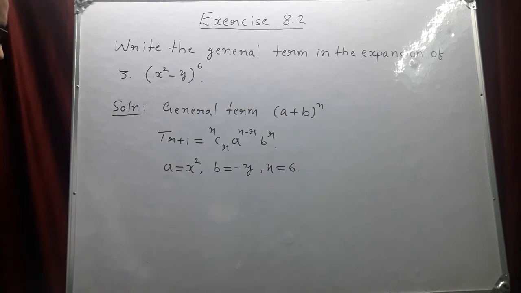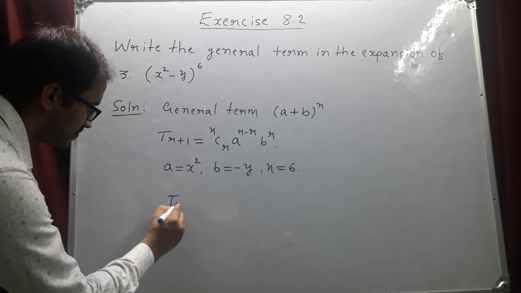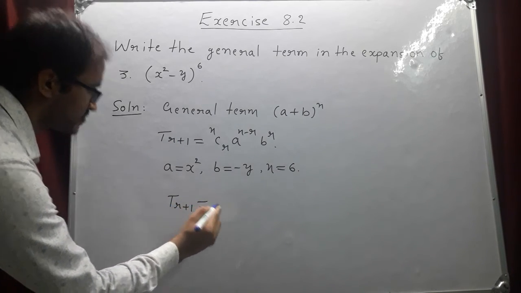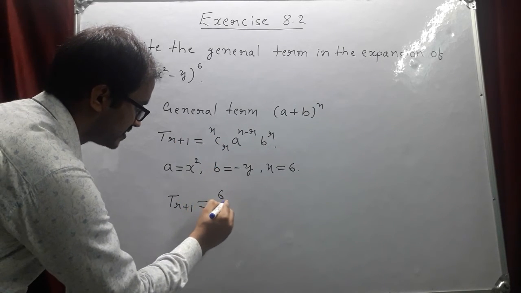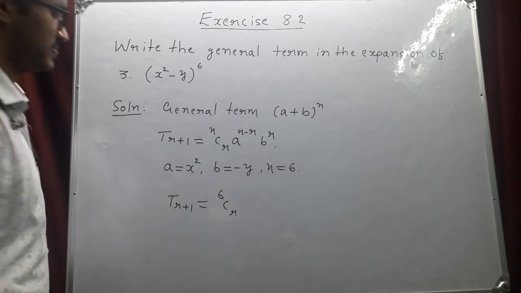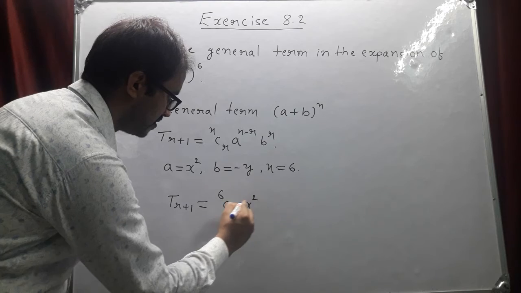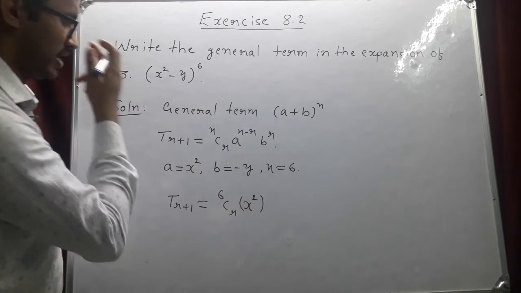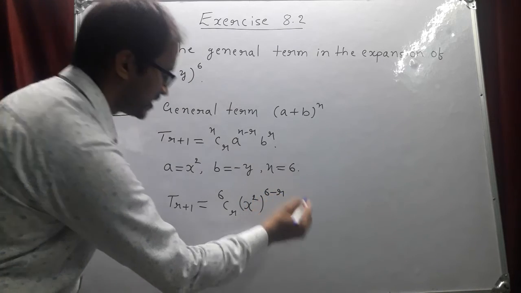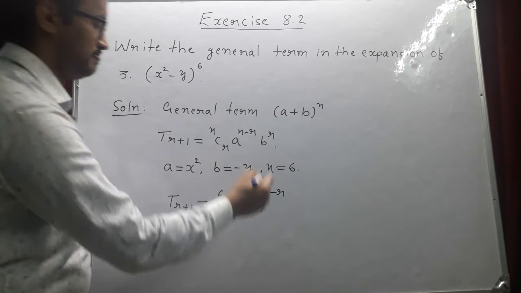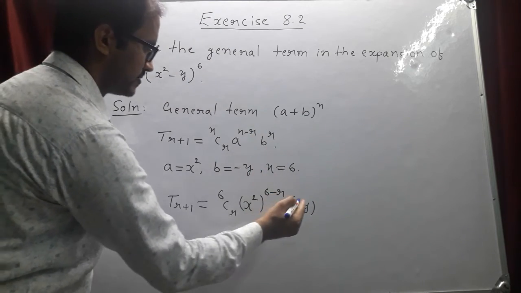So the general term is T_(r+1) = nCr, n value is 6, 6Cr, a value is x² power n minus r, so 6 minus r, into b, that means (−y) power r.